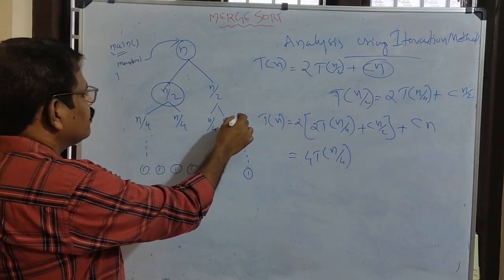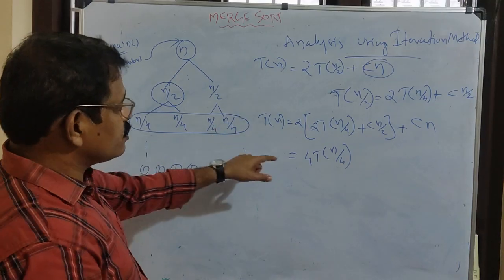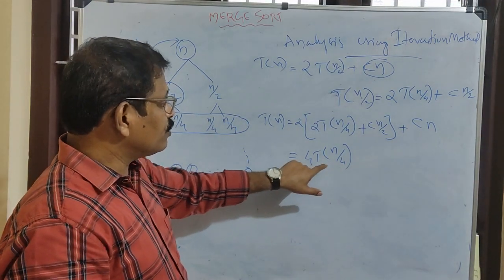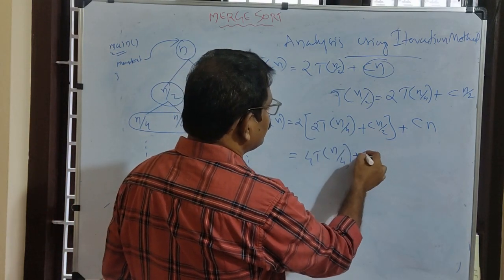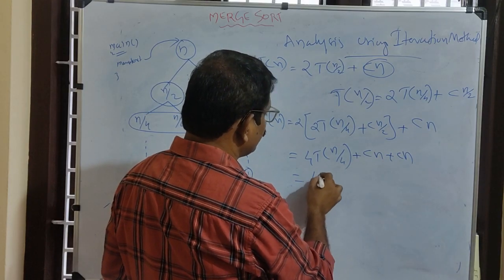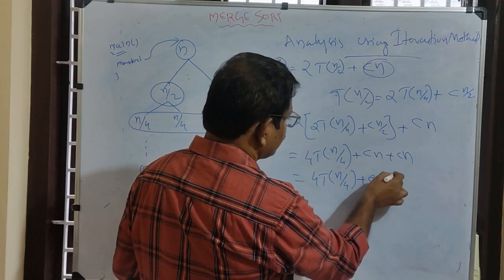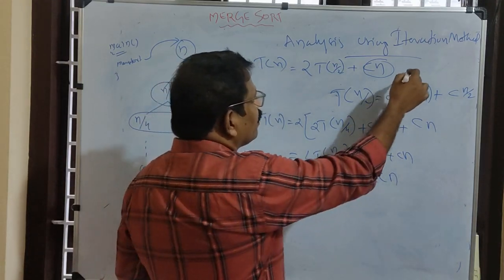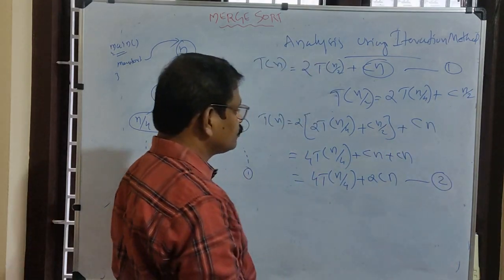Here we have 4 problems, each of size n/4. This is represented by 4 into T(n/4) plus 2 into Cn/2, it is Cn, plus Cn, and this is equal to 4T(n/4) plus 2Cn. If we call this equation 1, this will be our equation 2.